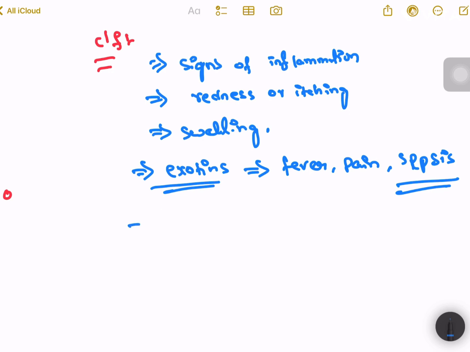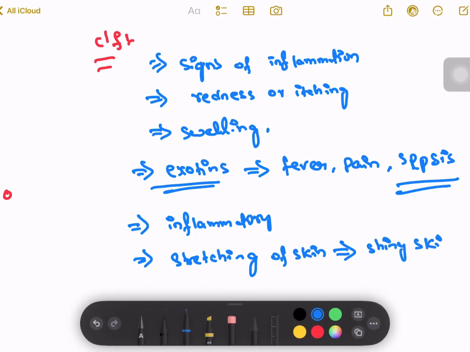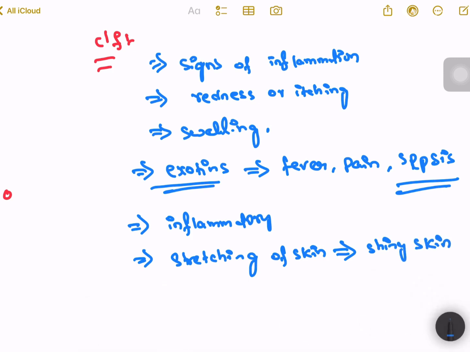So on examination, what you will see are inflammatory signs, that is redness and swelling. Whenever there is a swelling, there will be stretching of skin. This stretching of skin looks like a shiny skin appearance.